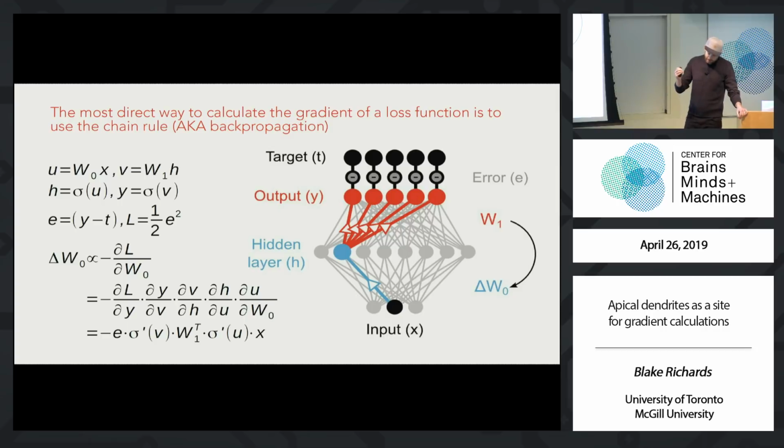If you have a multi-layer network like this, and for the record, in this talk I'm going to ignore the question of gradient descent through time. That's a whole other kettle of fish that I don't have time or intelligence to deal with. But if we have a hierarchical network nonetheless, even ignoring the difficulties of time, the way that you're going to calculate the gradient of a loss function is ultimately by using the chain rule.